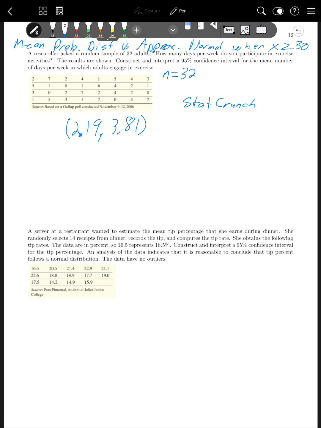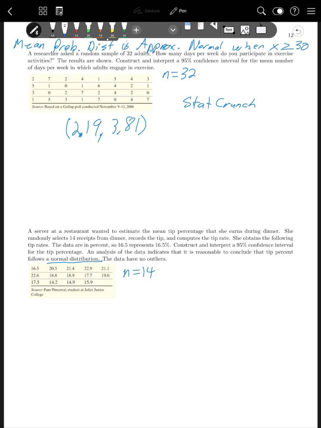So that's using Statcrunch. And like I said, if you were using our ClassCalc app, you would have to type all that data into the t-interval function, just like we did when we had the summary statistics. So let's try another one of these together.